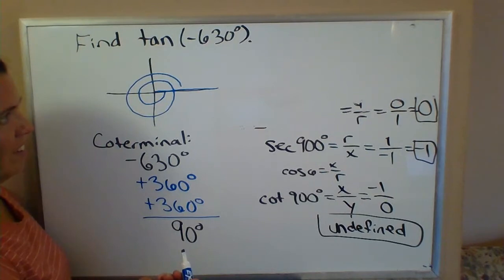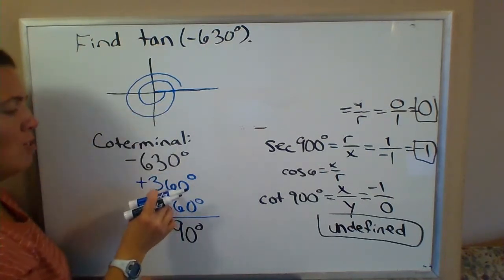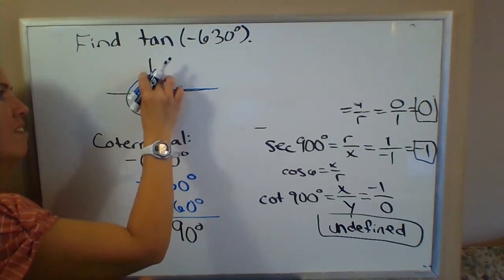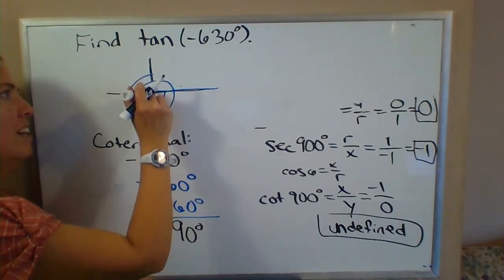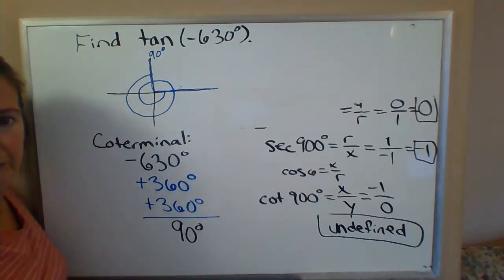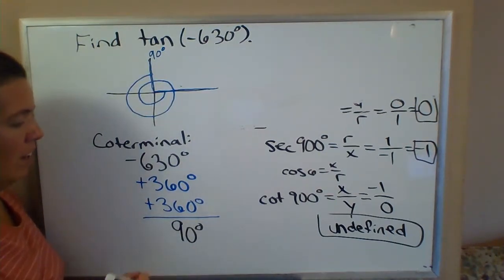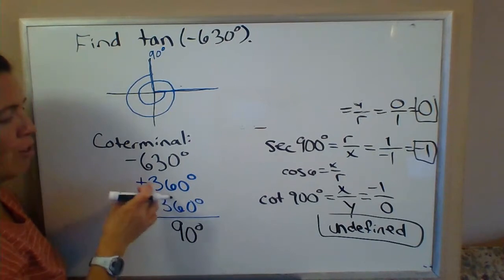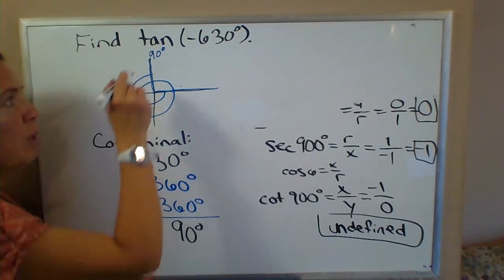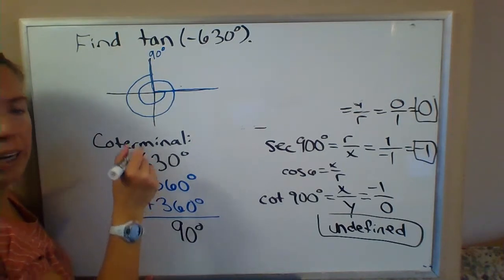Oh wait, it's not quite 2 times around, is it? Because we should land here at the 90 degrees. Because 2 times around would be negative 720. We're 90 degrees short of that. So the terminal side is here on the positive y-axis.